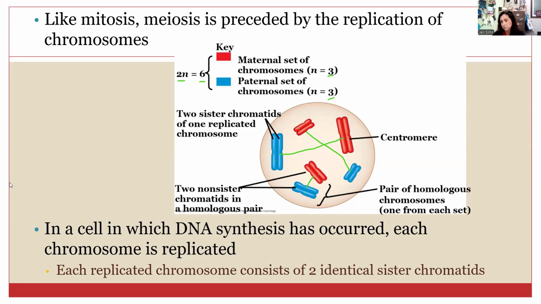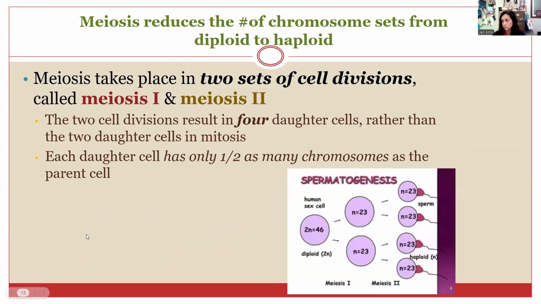Now, in this particular one, you can see that everybody is replicated and they're held together by their centromeres. So we're getting ready to undergo meiosis. Heck, this could be mitosis as well. You don't really know. All right, so you've got this replicated and you've got two identical sisters. Same for meiosis.